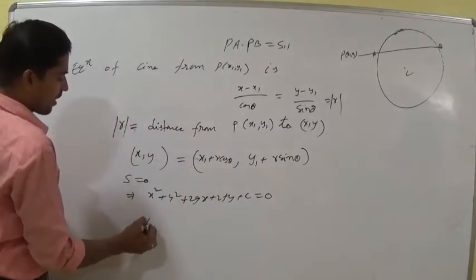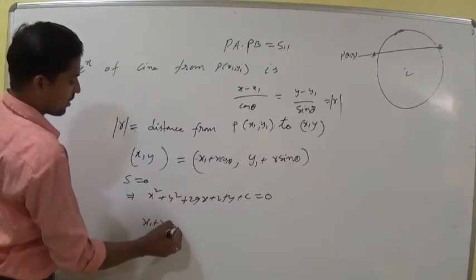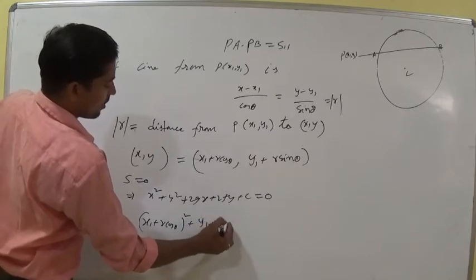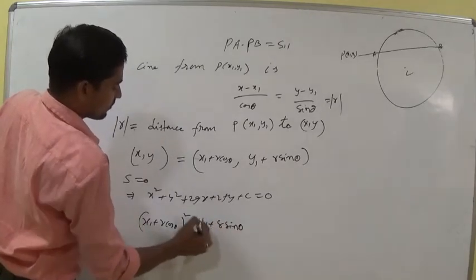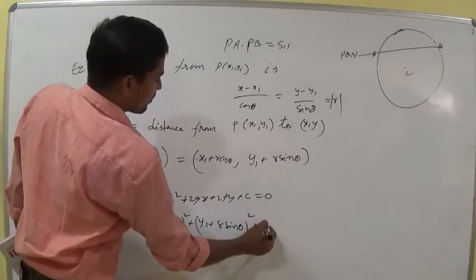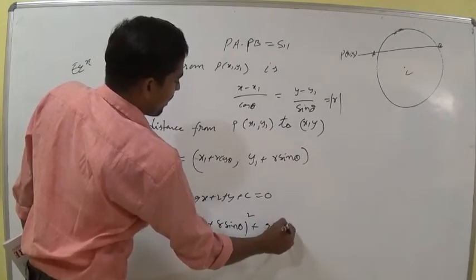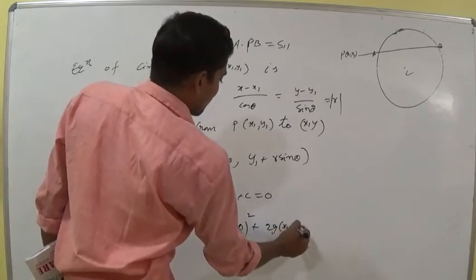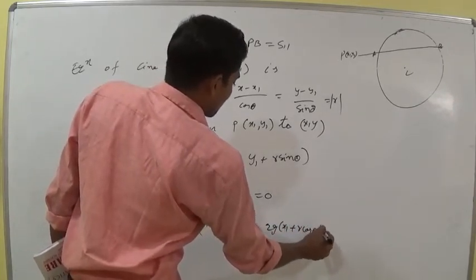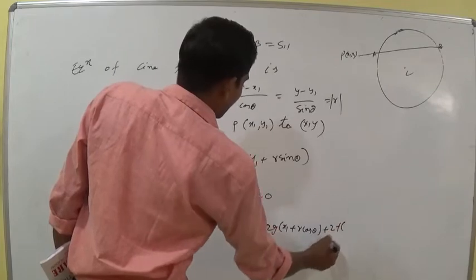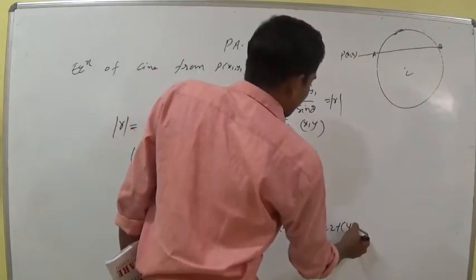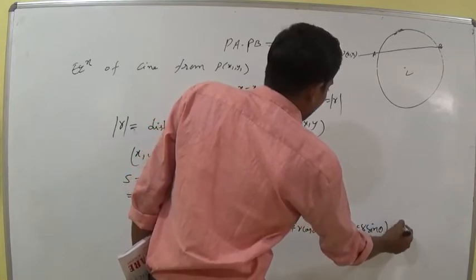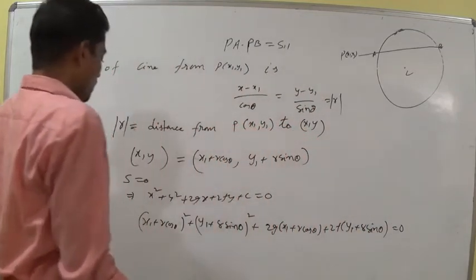Substituting, (x1 plus r cos theta) whole square plus (y1 plus r sin theta) whole square plus 2g(x1 plus r cos theta) plus 2f(y1 plus r sin theta) equal to 0.